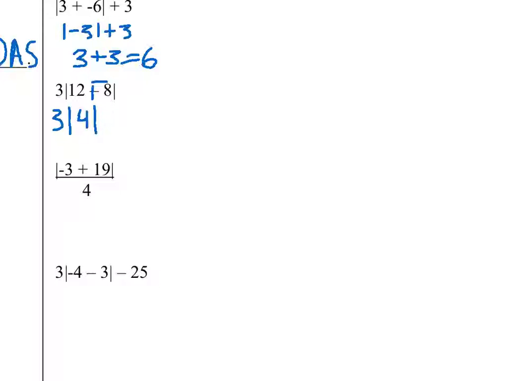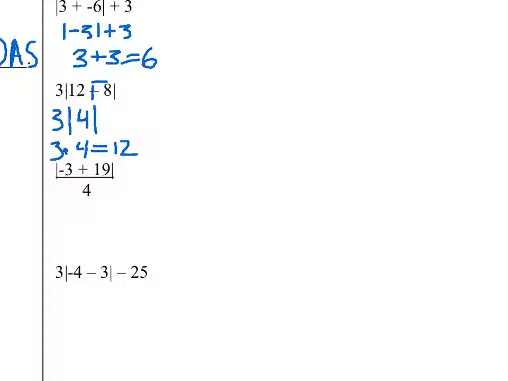So again, first thing we do, we find the value inside the absolute value symbol, which is 4. And we know that anytime we see a grouping symbol right next to another number, that means multiplication. So I'm going to put a multiplication dot in here in between. 3 times 4 is 12.